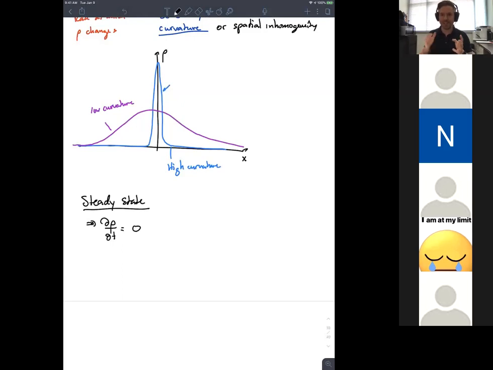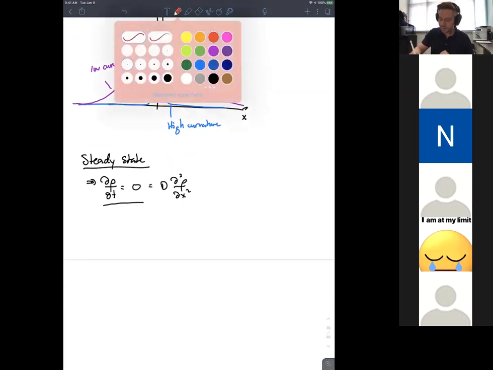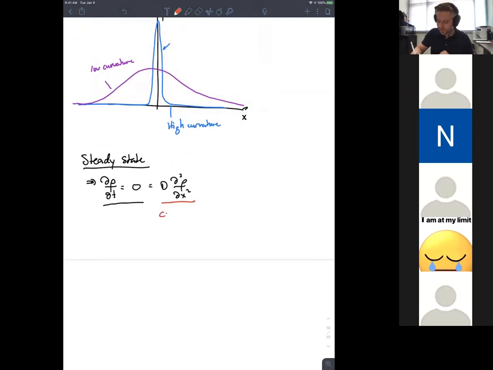Steady, nice and steady, right? So we take our diffusion equation and we set it equal to 0. What this says is that d squared rho dx squared is equal to 0. In other words, at the steady state where the time derivative is equal to 0, the curvature is also equal to 0.